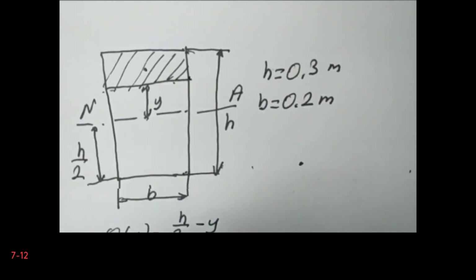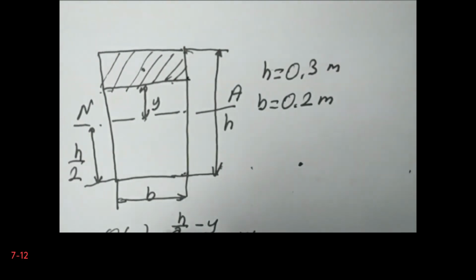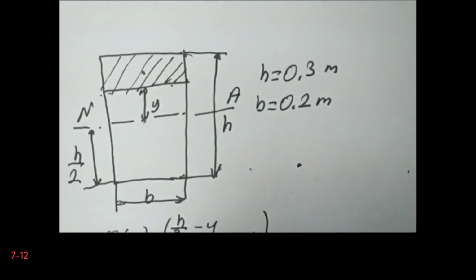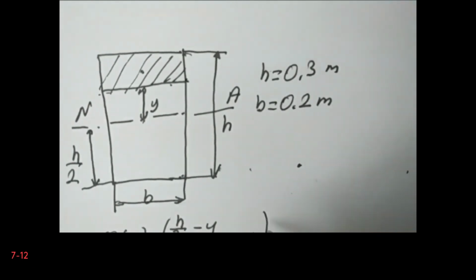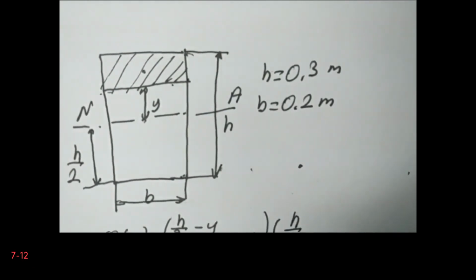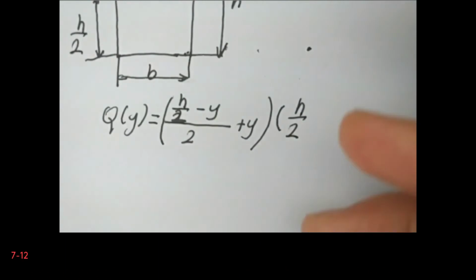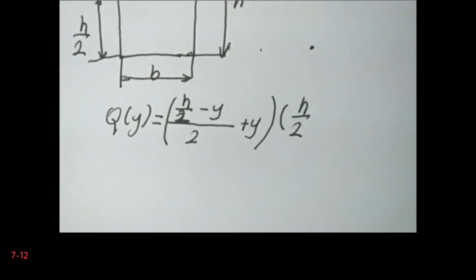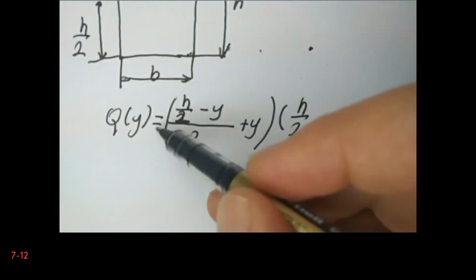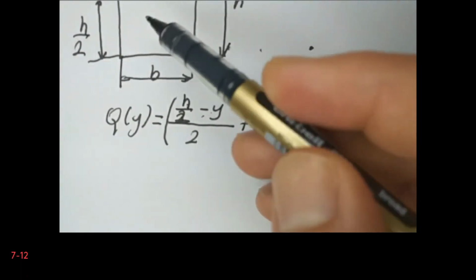This is the location of the centroid, and area is h divided by 2 minus y times b. So this is the centroid. h divided by 2 minus y divided by 2 plus y is the location of the centroid from the neutral axis, and the width of the shaded area is h divided by 2 minus y, and then we will multiply it by b.